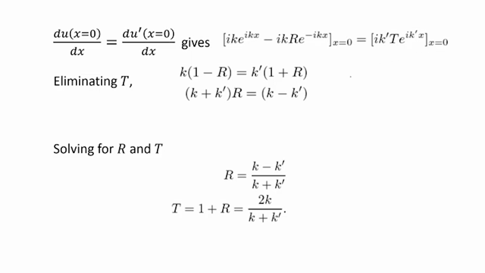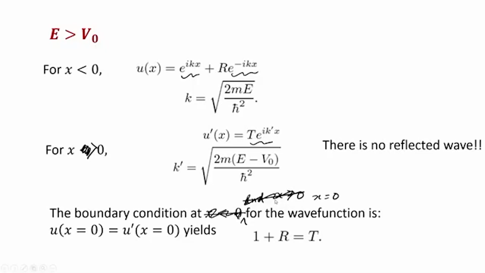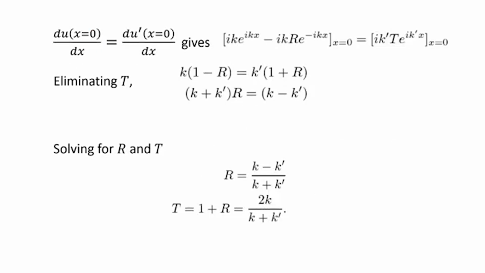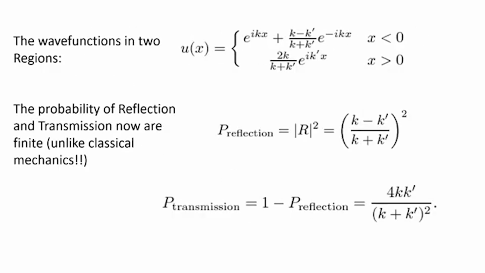If you write them down, put x equal to 0, eliminate t and write it in terms of r, you finally solve for both r and t. They are r equal to (k minus k prime) divided by (k plus k prime), and t equal to 2k divided by (k plus k prime), with all these k and k prime given in terms of E and V naught, and also, of course, m and h cross squared, the mass of the particle and Planck's constant.